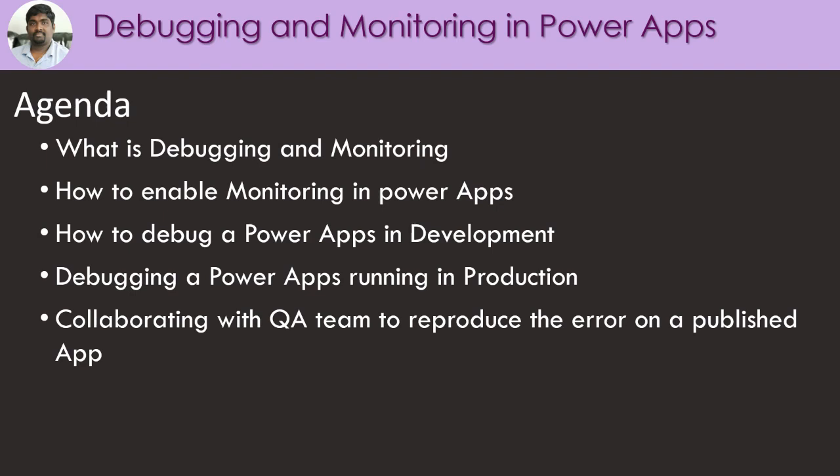Last but not least, how we could leverage this monitoring or debugging feature to coordinate with the QA team or the production team when they log an issue that a certain functionality is not working. This kind of hurdle is very hard to address at the time of production debugging. We will monitor that and see how we could achieve it.